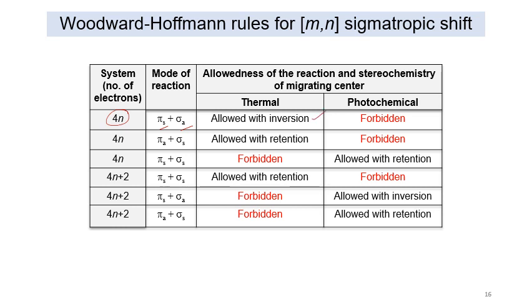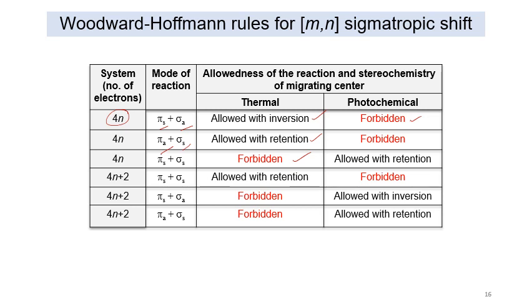In the photochemical case, this is forbidden. It is also allowed with the pi antra and sigma supra. Again, this is allowed with retention. This is a difficult case. The supra-supra we saw is a forbidden case for 4n system.